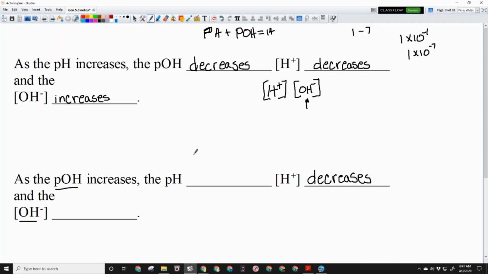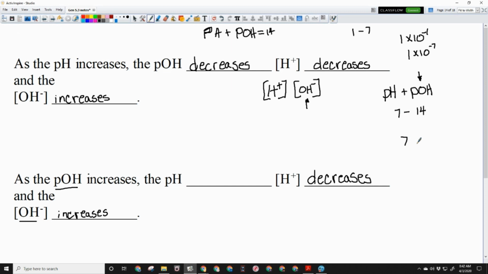So as the pOH increases, let's look at pH plus pOH. As this number goes up to 14 from 7, the pOH is increasing from 7 to 14. Let's talk about this, because this is going from 7 to 14.